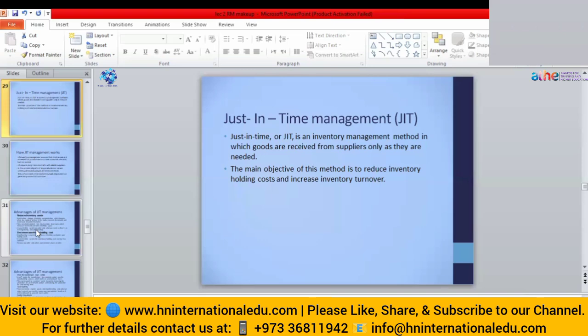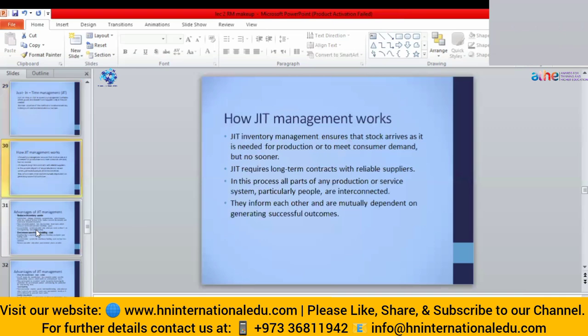capacity in our stores. So we have a healthy relationship with our suppliers. We are giving them the orders according to our demand. So they will cooperate with us. That is just in time management. How it works: it ensures that the stock arrives when it is needed for the production or to meet the customer demand, but not very soon, because the customer demand is not sure.